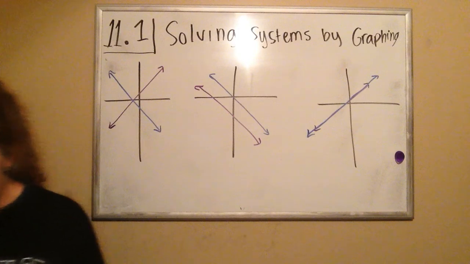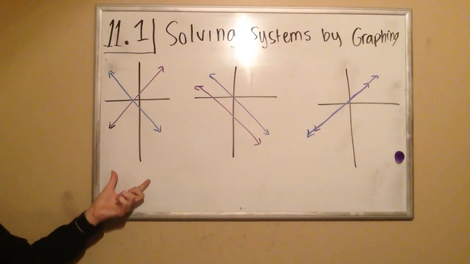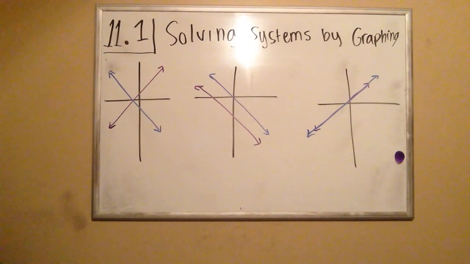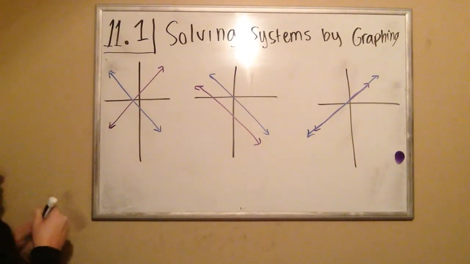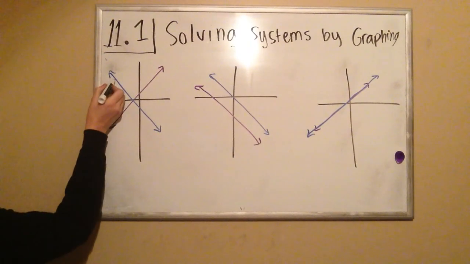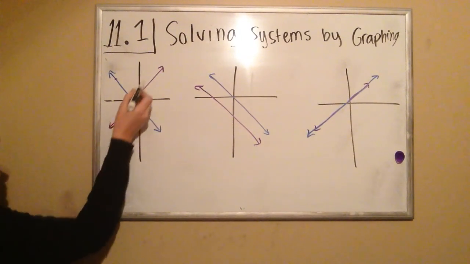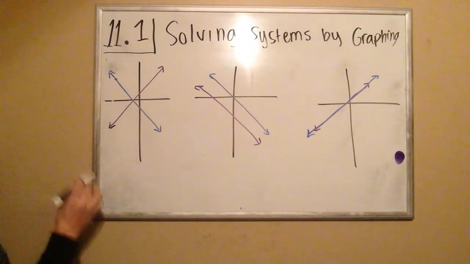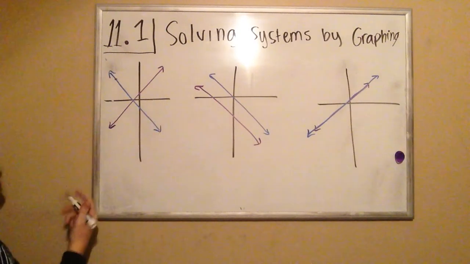So if we look at the very first one and we think about the solutions of this very first system of equations, the solution is a point that is a solution for both lines. So if we were to say, well, maybe this point right here is a solution of this system. No, it's not, because it doesn't lie on the purple line. It has to lie on both lines to be a solution. It has to be a solution of both of these.